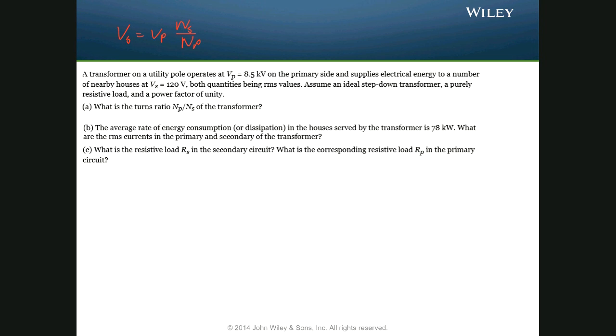So we have that. It wants to know the turn ratio NP over NS. You might have to do some massaging there to figure that out, but that shouldn't be too hard.